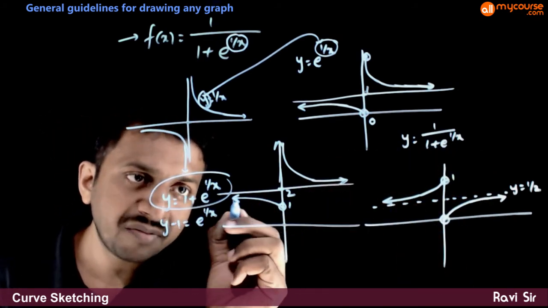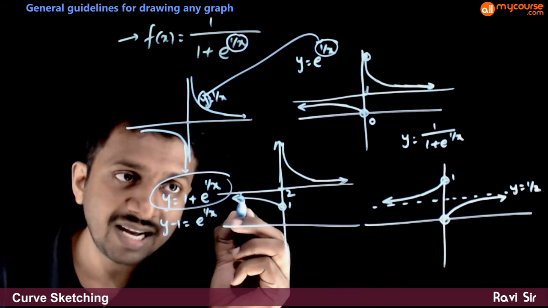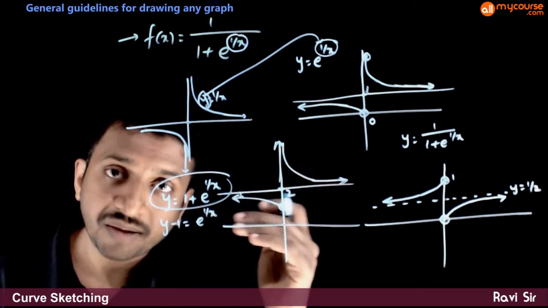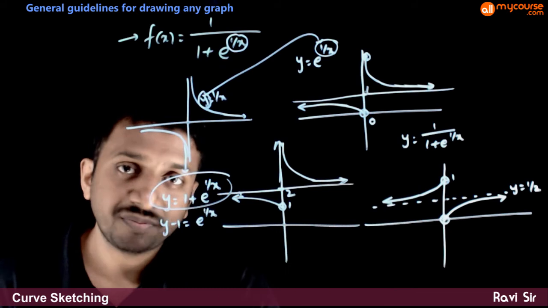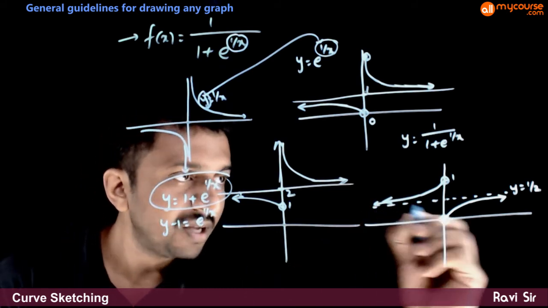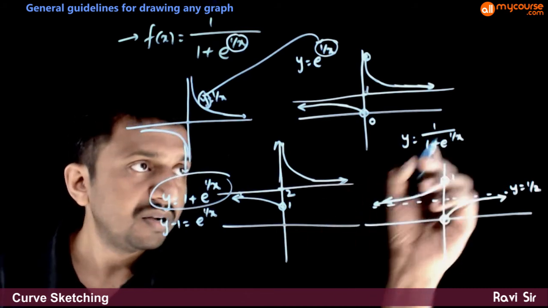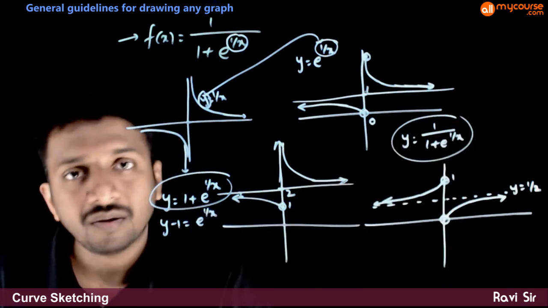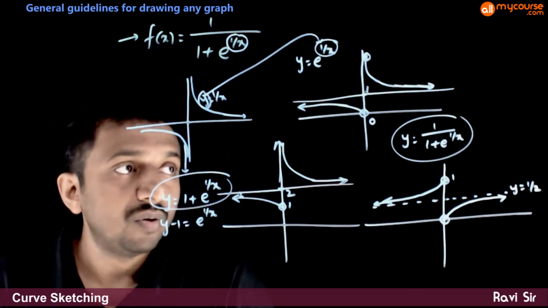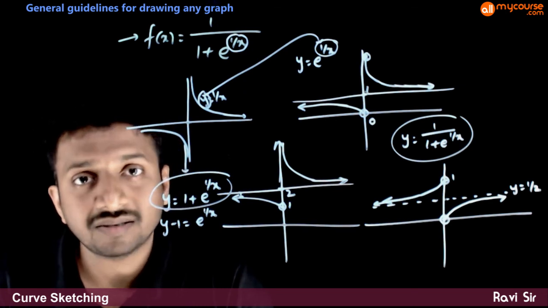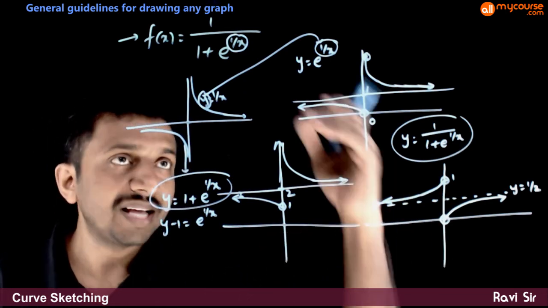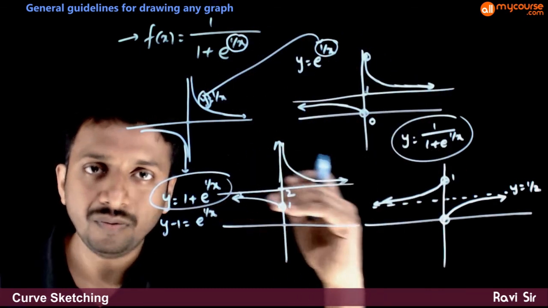So this part of the graph is below 2, slightly less than 2. If you take 1 by that, it will be slightly greater than 1 by 2. That means this approaches from the top, and this approaches from the bottom. So this is how the graph of y is equal to 1 by 1 plus e power 1 by x looks. So you can systematically go from one function to another function.